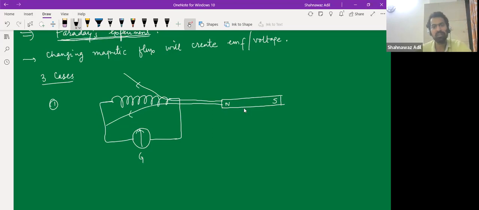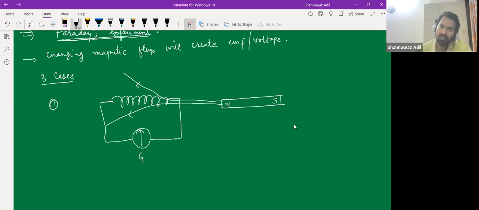Okay, now this is fixed. So there is a fixed magnetic flux through this coil, right? Some magnetic field lines are crossing through this coil. Understood?